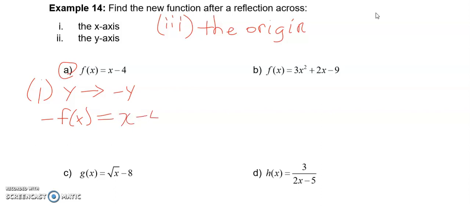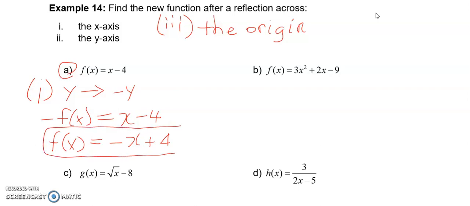Again, you would not leave the negative in front of the f of x. You'd multiply both sides by -1. So the new function would become, if you multiply everything by -1, negative x plus 4. Or you could even call that 4 subtract x if you wanted to. So there is the new function reflected through the x-axis.